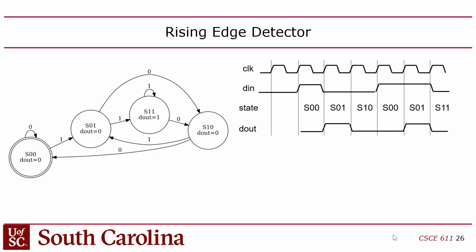If I get a 1, I go to state 0, 1, which probably should have been 1, 0. But in this case, the right bit is the one that was seen most recently, and the left one is the one that was seen less recently, right? But on second thought, I should have swapped those. But anyway, if I get a 1, I go here.